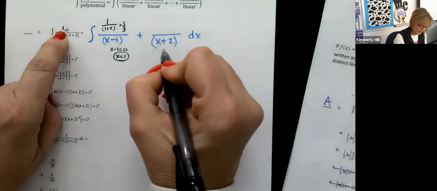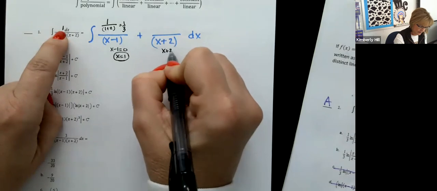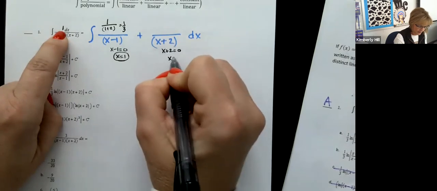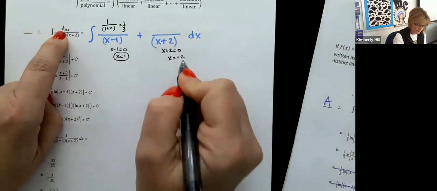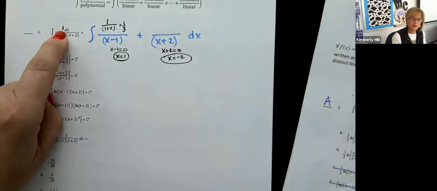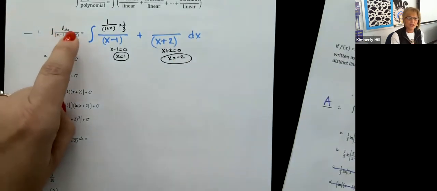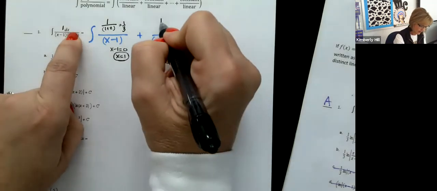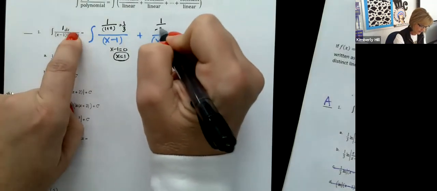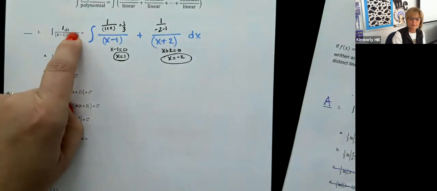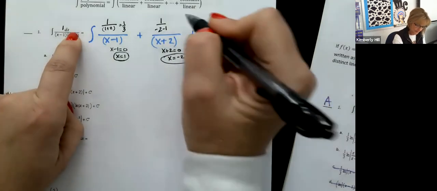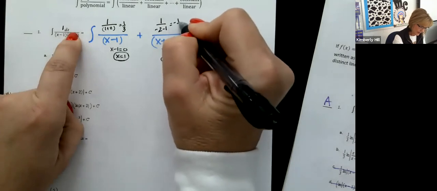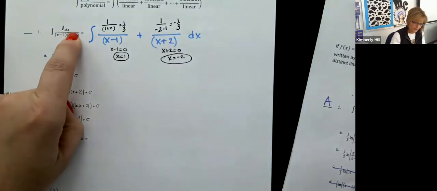Let's try this one. If I find the 0, it's -2. So I'm going to cover up that factor and sub it in. So I would get -1/3.